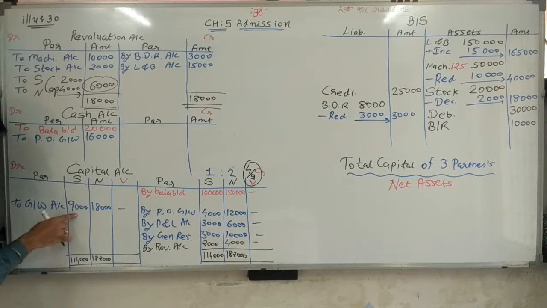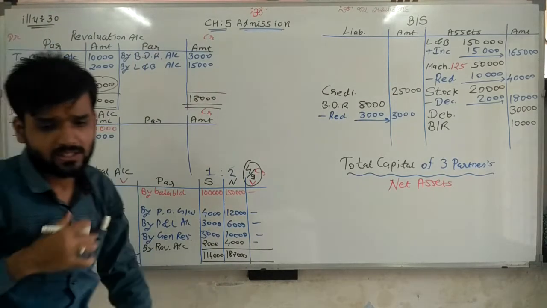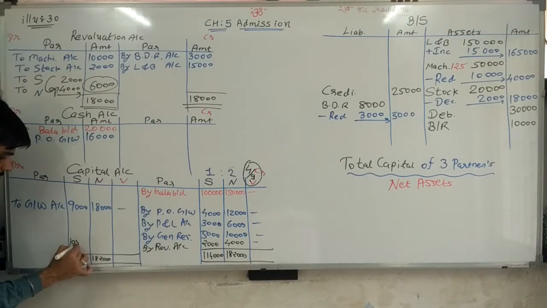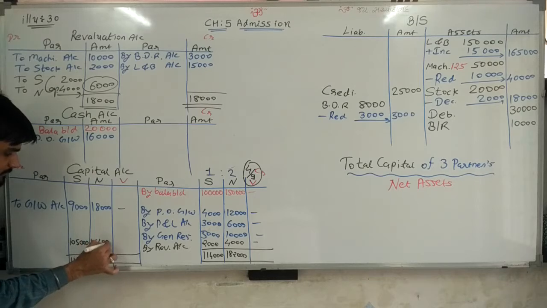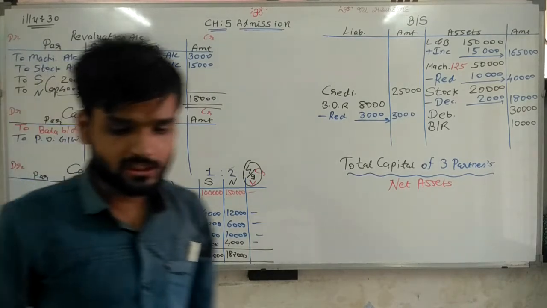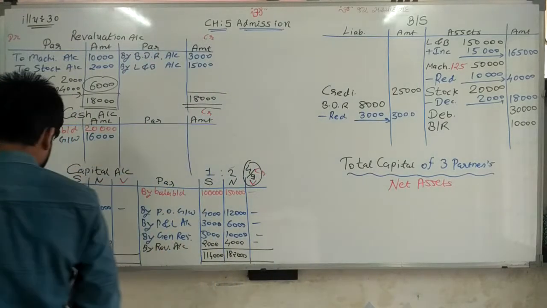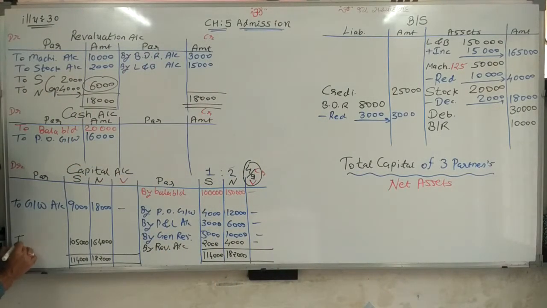From 114,000 minus 9,000 gives 105,000, and from 182,000 minus 18,000 gives 164,000. These are my balances.